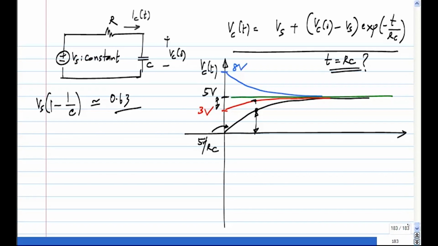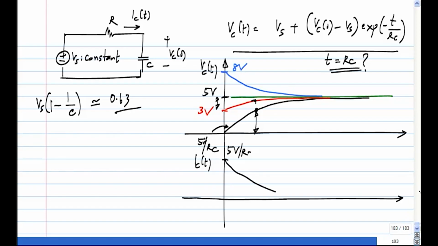And what will the currents look like in each of these cases? The currents through the capacitor, when it starts from 0, what is the initial current? 5 volt by R, and current goes to 0.